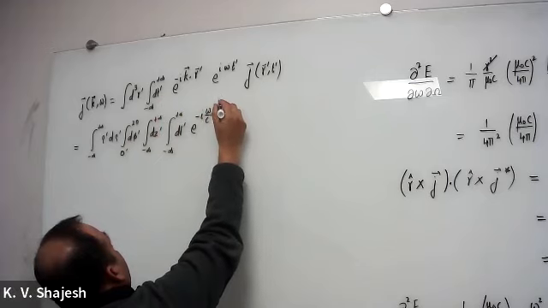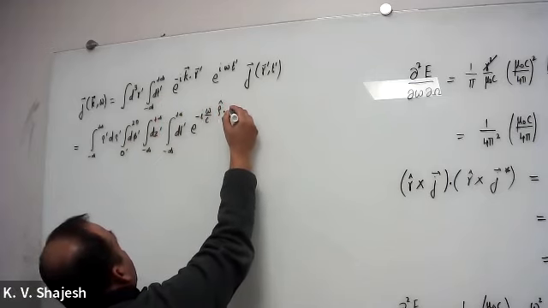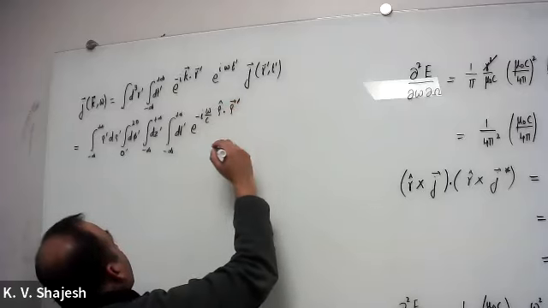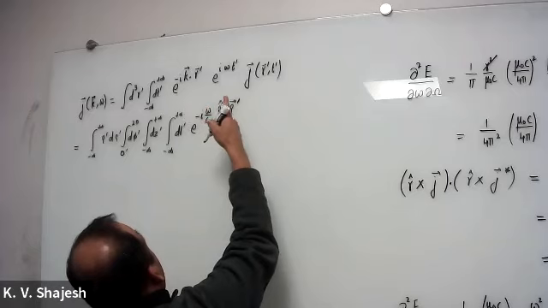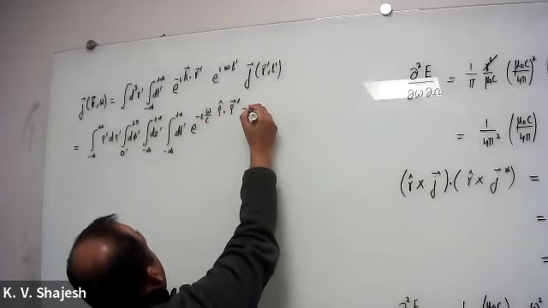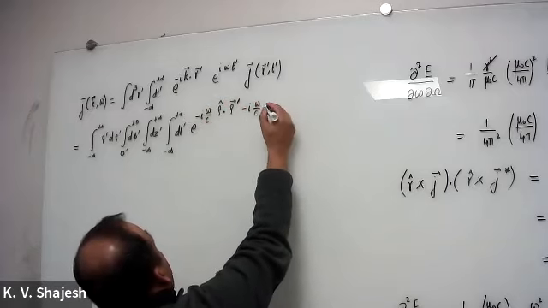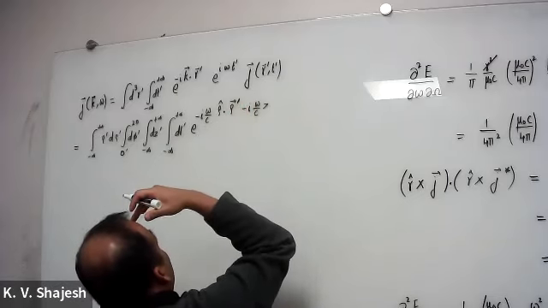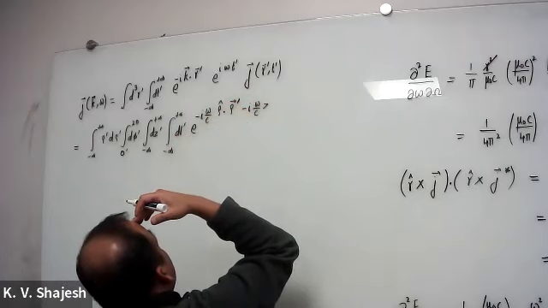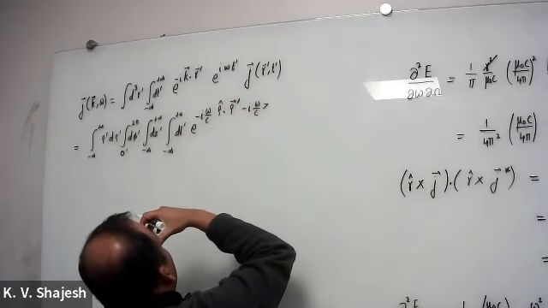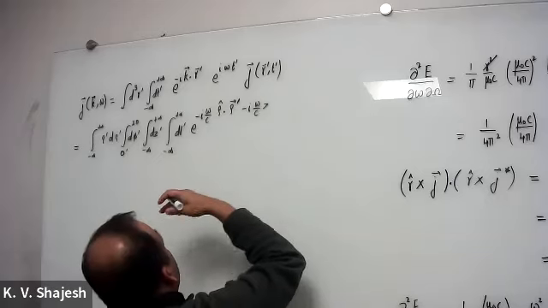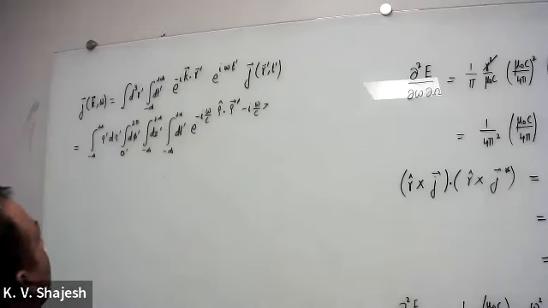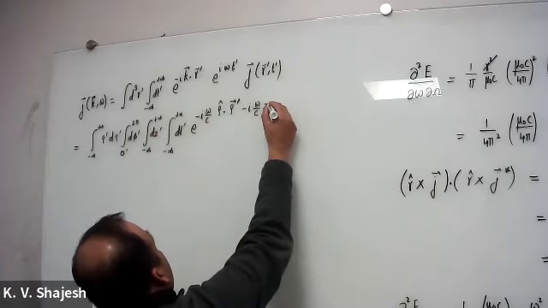So this is rho hat dotted with rho prime, and then there is the z direction, so it's minus i omega over c times z prime cosine theta.